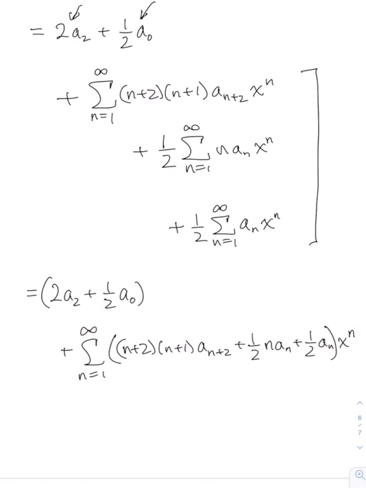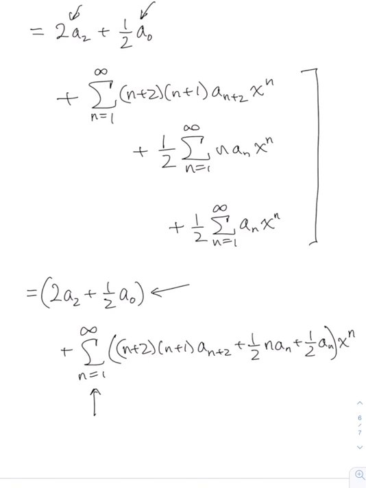We've combined it into a single series, and notice it's a power series. That first thing in parentheses, this guy right here, that's my constant term. That's the coefficient of x to the 0, and then the rest of it is put together in this series from 1 to infinity. So what you're looking at right there is a single power series, and it's equal to 0.